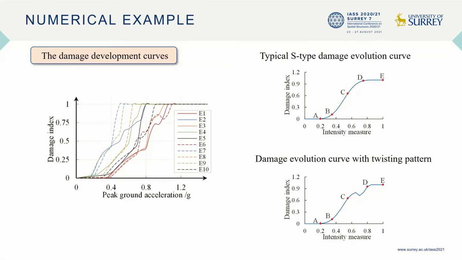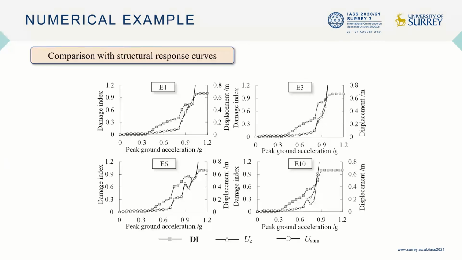The figure on the left presents the damage development curves generated by the 10 selected ground motions. As we can see, although these curves exhibit a distinct scatter due to the randomness of the seismic excitations, all curves still comply with the typical damage evaluation rules.